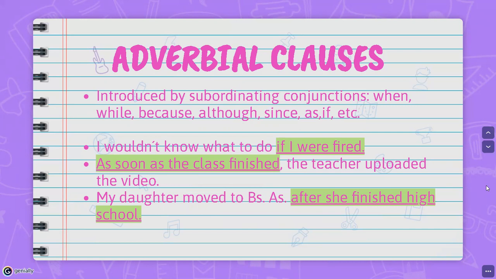Let me read the examples here. I wouldn't know what to do if I were fired. I went for an example using the subordinating conjunction if for you to compare this example to the example in the previous slide, the example of the noun clause. Remember? He asked me if.